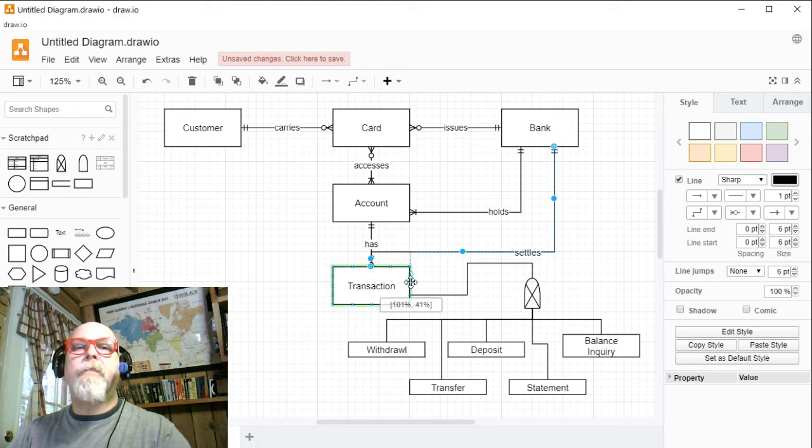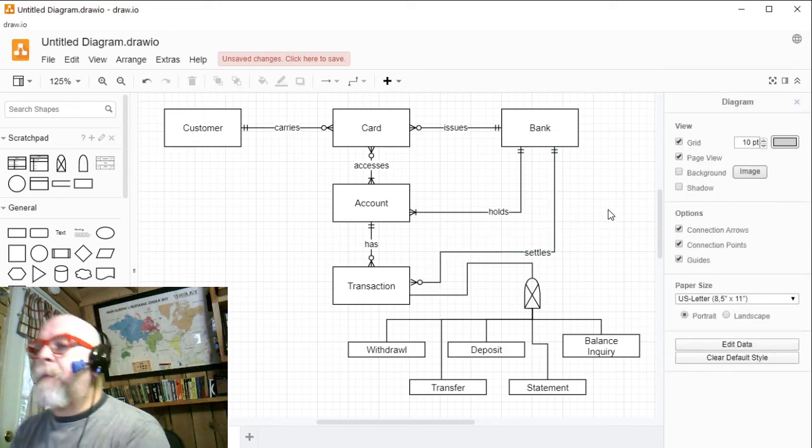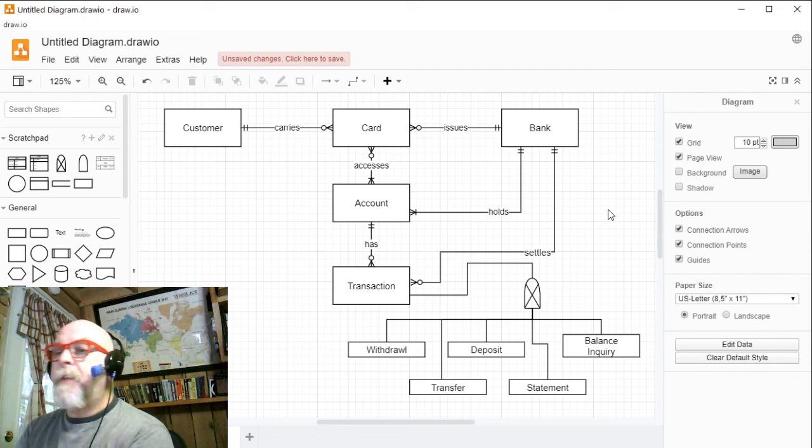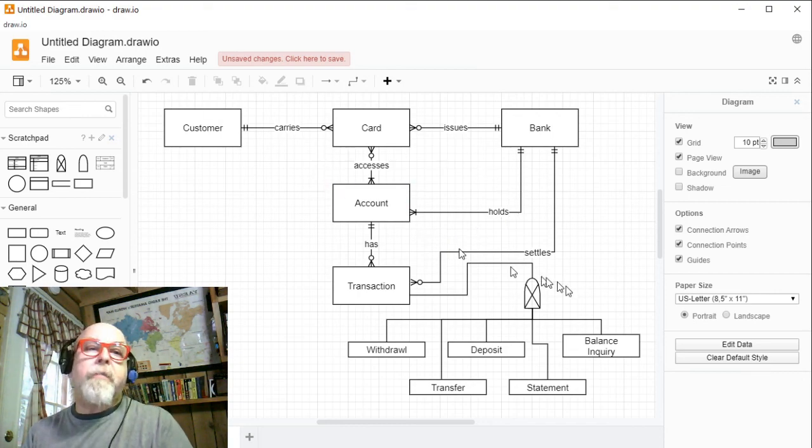I want you over here. There we go. So you see that I had to fight with it a bit, but there's our subject area model that describes a bank and an ATM and an ATM card and how an ATM machine might work.